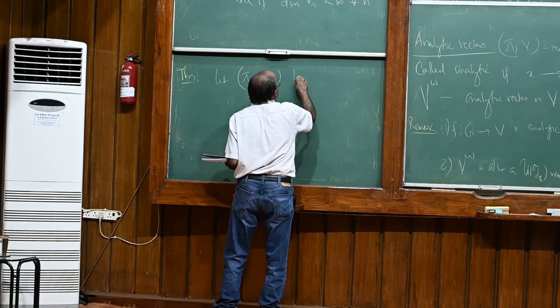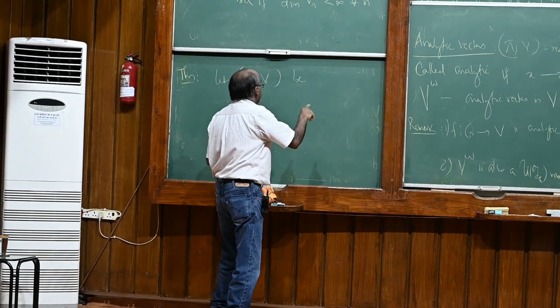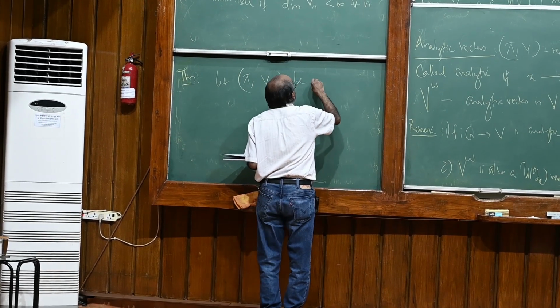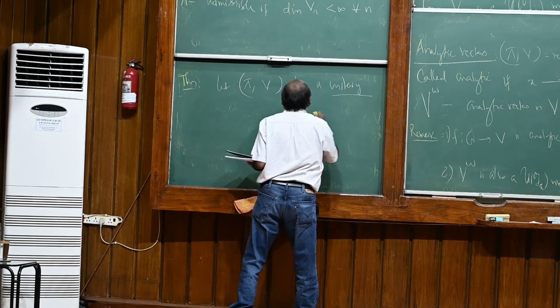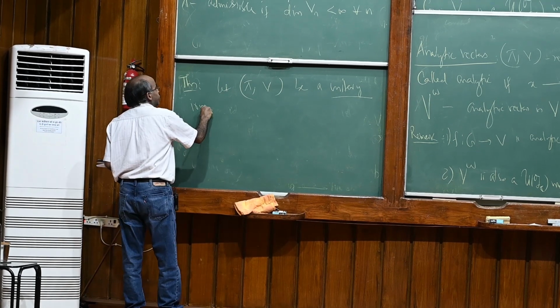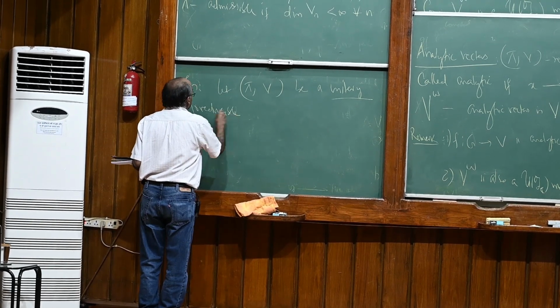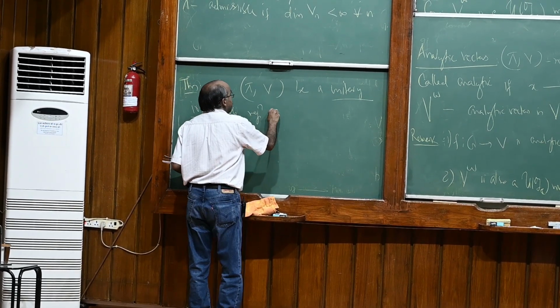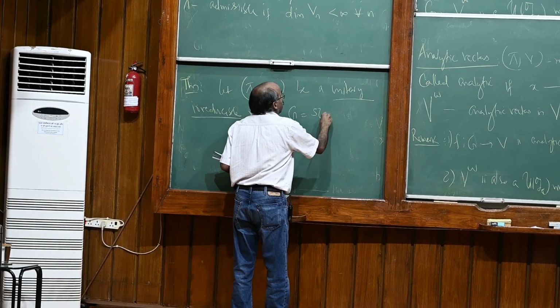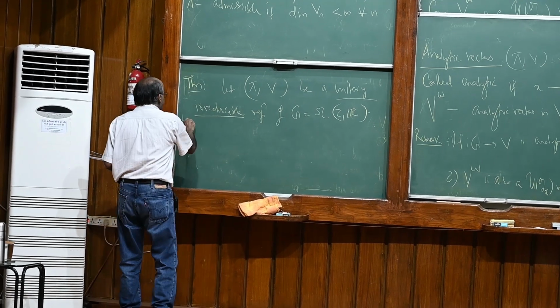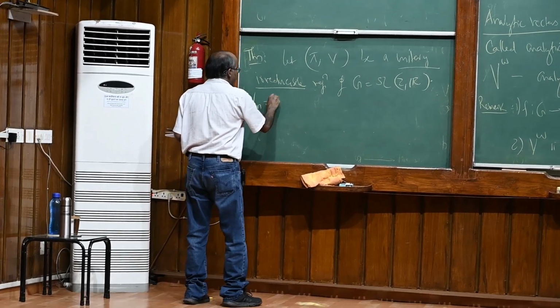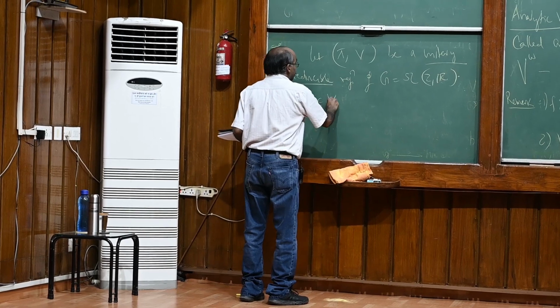So now we are looking at unitary irreducible representations. V is a Hilbert space and phi is unitary. So we have a unitary irreducible representation of SL2R, and Vn is what we have defined.